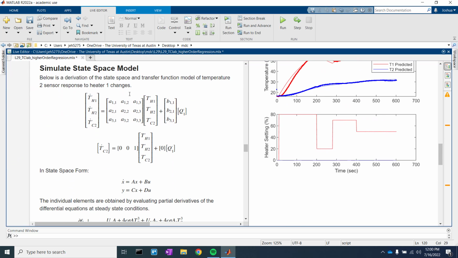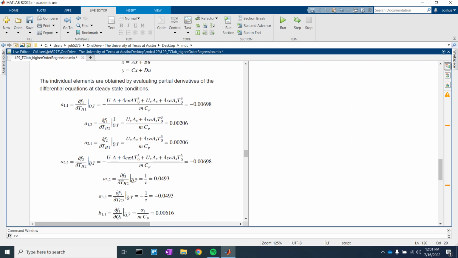So now we're going to simulate the state space model. We're going to get the transfer function of temperature to sensor as a response to heater 1 changes. You can see right here, there's our transfer function. We have how we change TC2, the state of TC2, with respect to all of these other variables.